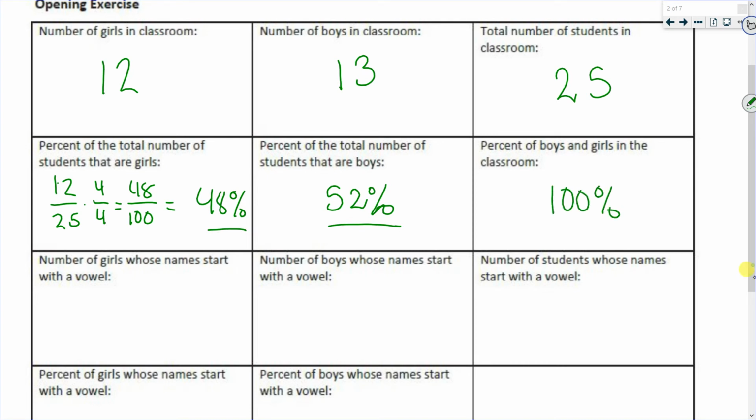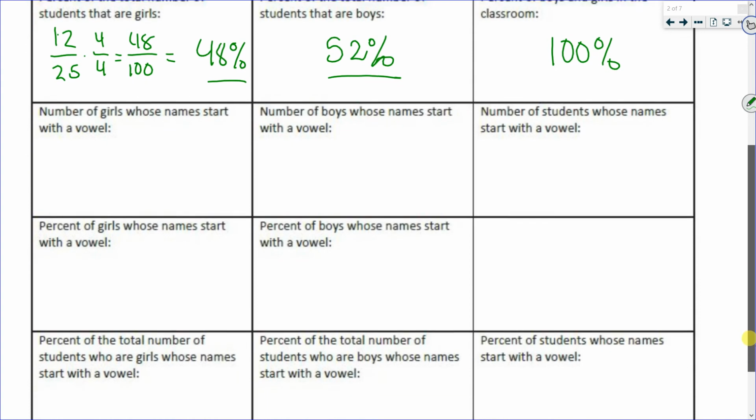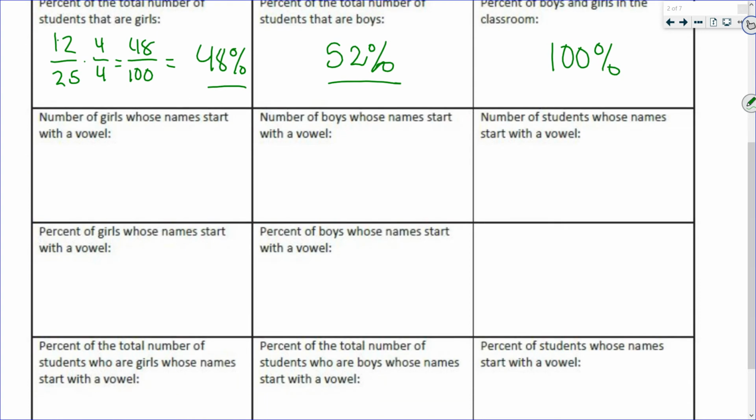Okay? Now, here's where things get a little interesting. So now we're looking at the number of girls whose names start with a vowel. Well, not every girl in the classroom starts with a vowel, does it? We don't have somebody named Alicia or April or Olive or Erica in the classroom.